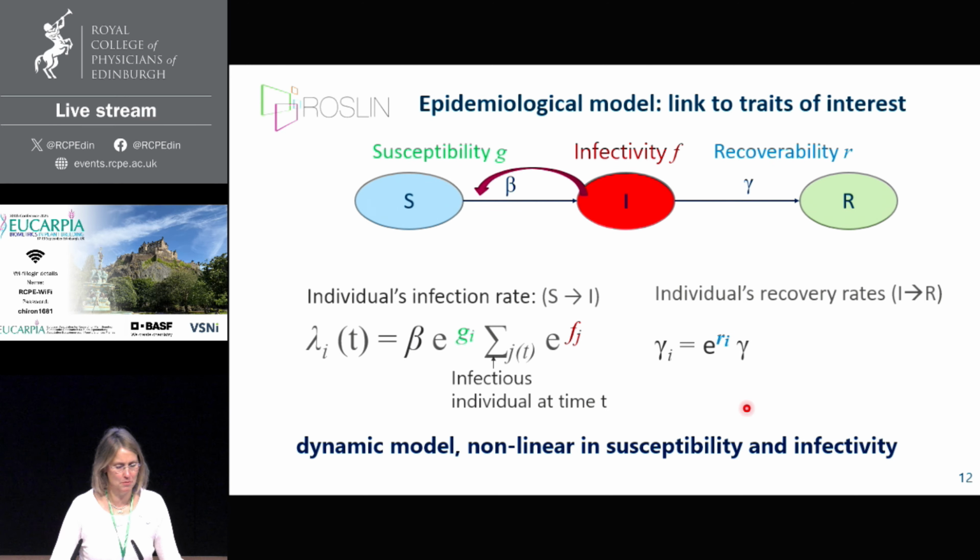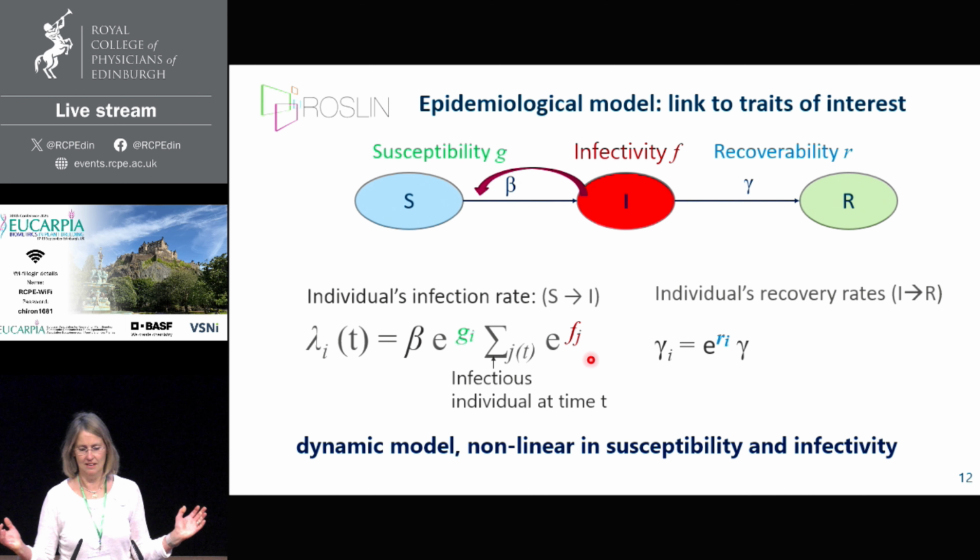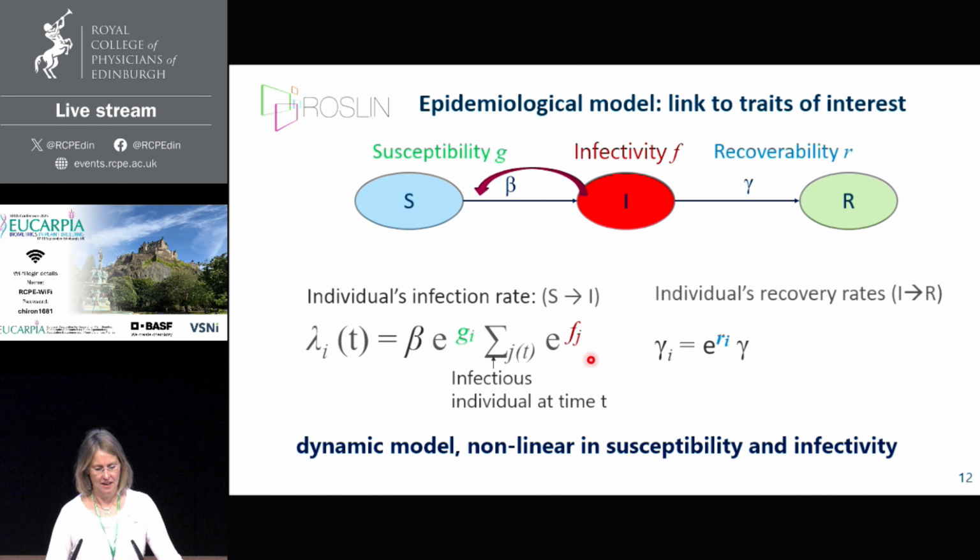Now there are two things to point out here, which make it very difficult to include these epidemiological models into our general mixed model framework. The first one is that it's multiplicative in the traits of interest, so it's not nicely additive. One needs to do something with that. And the other one is that it's quite dynamic, because it sums up over all the infectious individuals that this individual comes in contact with.